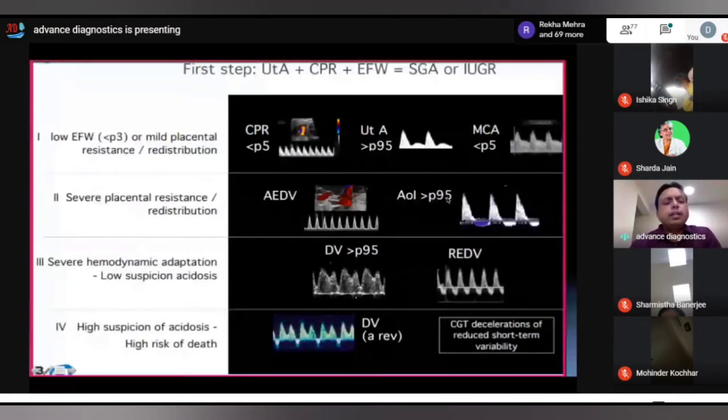Stage 3 is severe hemodynamic adaptation, when the ductus venosus PI is more than 95th centile and there is reverse end diastolic flow in the umbilical artery. And stage 4 is when there is A wave reversal in the ductus venosus. So depending upon this staging, we can do the follow-up as well as the management decision, delivery decision.